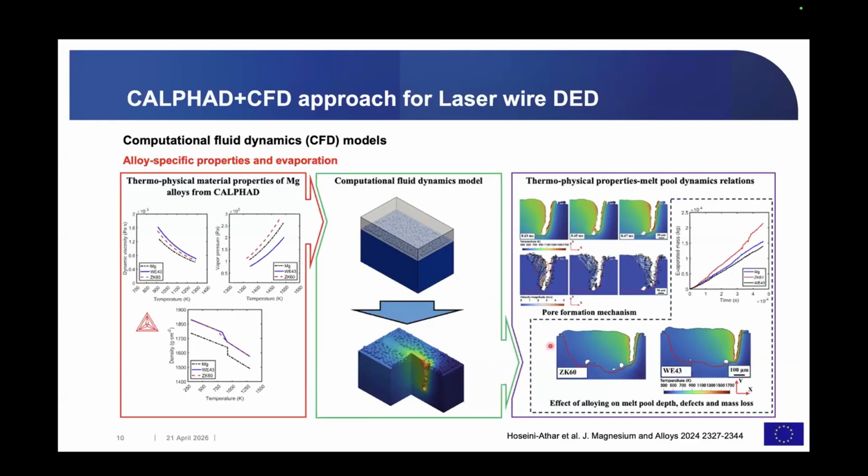We can see differences in, for example, in a keyhole mode, how the keyhole forms and how much different porosity and bubbles we get during the process, even with slight changes in composition. More importantly, the evaporation of the elements can be related to elemental loss in the actual part. If you want to print something with this composition, how much of these elements may be lost because of the evaporation? That's why we chose this approach.